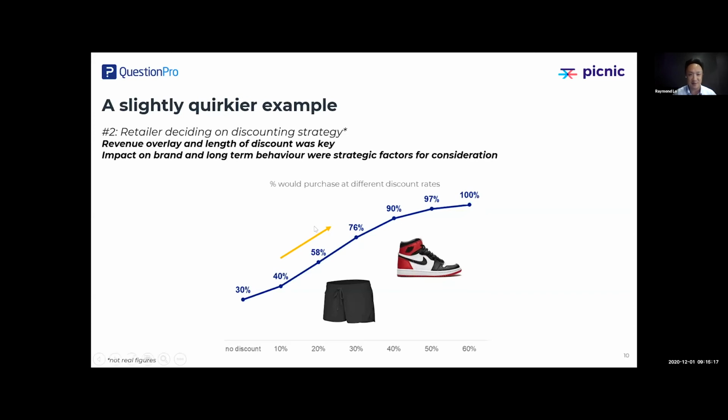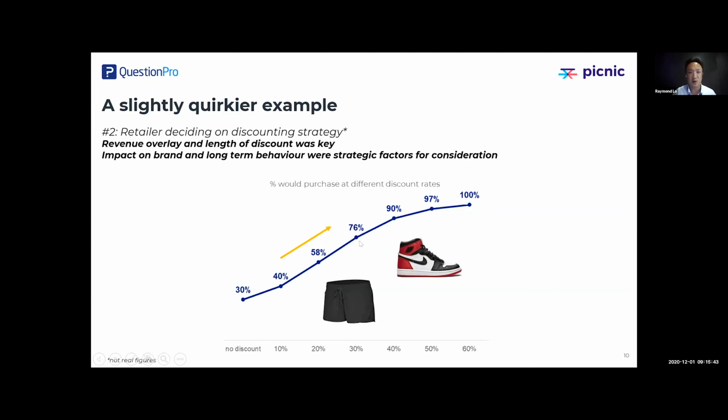But in this example, we showed that, hey, only 30% of people really buy at full price. And that's the nature of a lot of retailers and their industry now. And as we go along the discounting curve, you can see how elastic it is. At 30%, we're getting 76% of people buying. So we applied it to understand what level of discounting is optimal, because at a 30% discount, they're still making an okay margin.